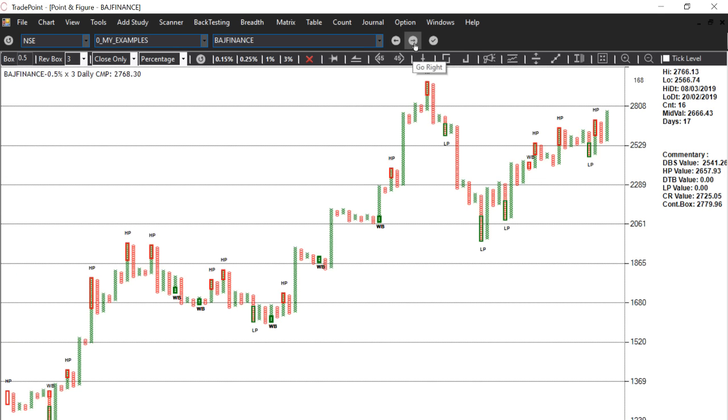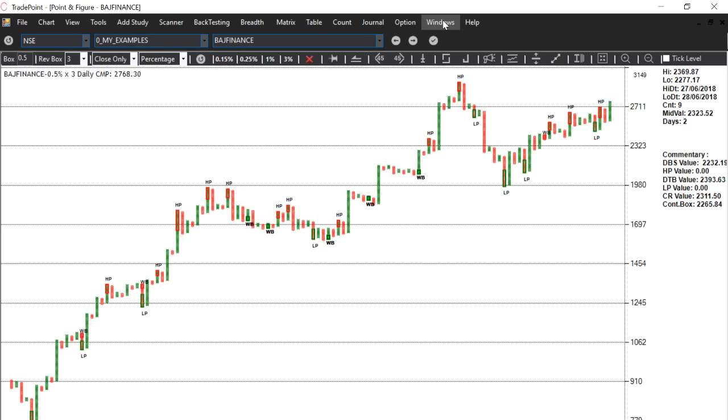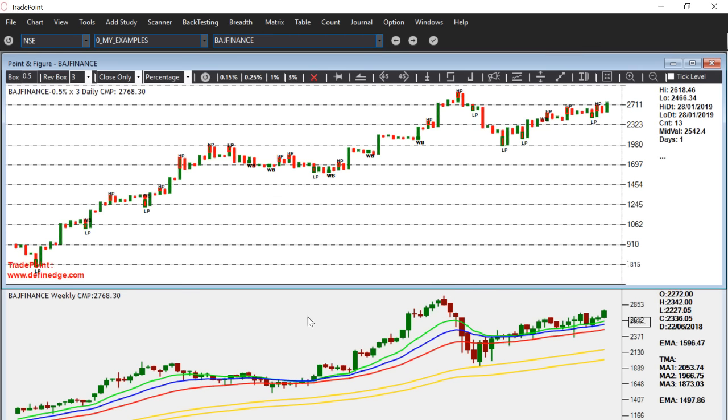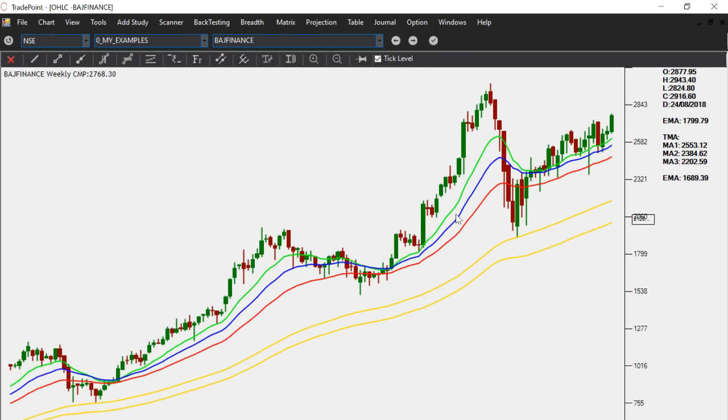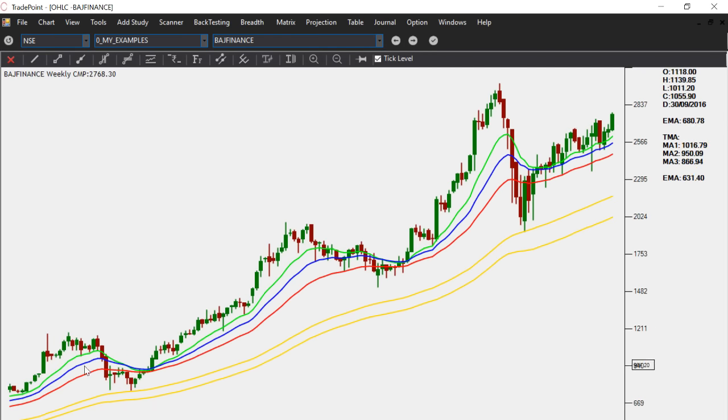So these patterns can be traded once the price is in the bearish area. Vice versa, I see Bajaj Finance, which is a very bullish chart. Whenever price comes to the exponential moving average channel, 89 high and low, we see it recovers and the trend resumes.